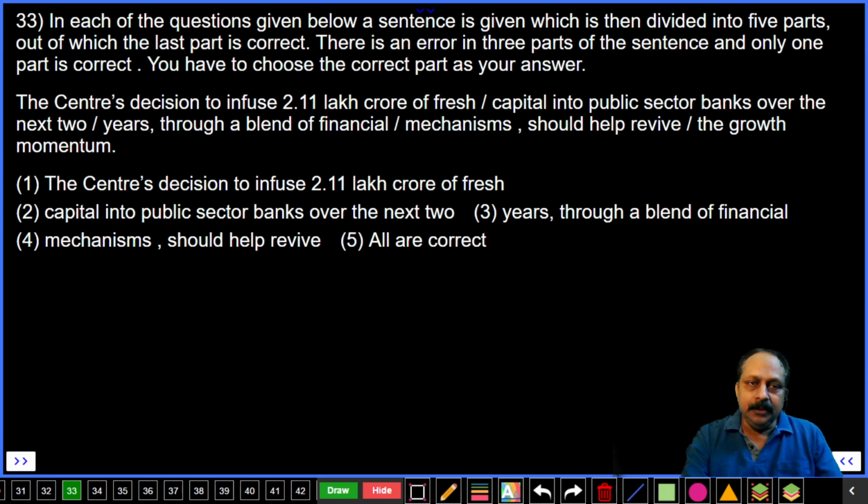The center's decision to infuse 2.11 lakh crore of fresh capital into public sector banks over the next 2 years through a blend of financial mechanisms should help revive the growth momentum.